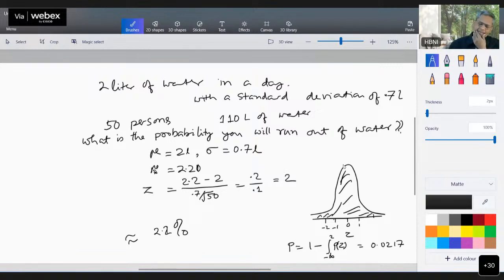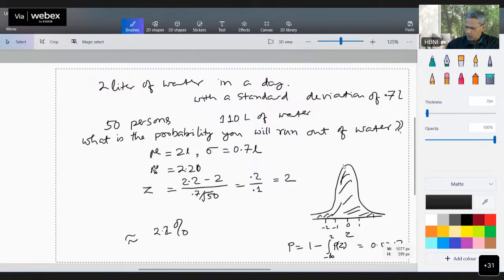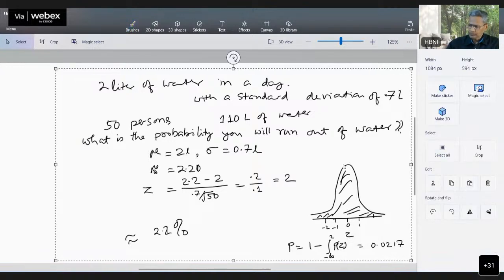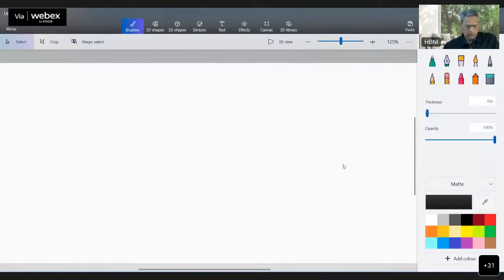About error analysis and error propagation also we'll discuss. So right now, we'll go back to our last process, that is interpretation and report writing.